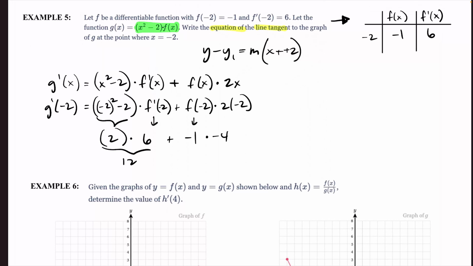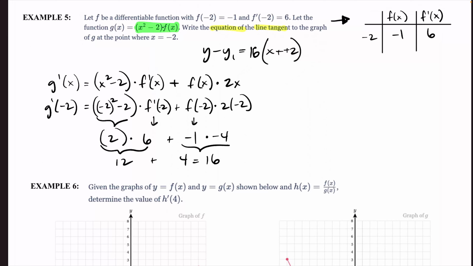So you get 12 plus 4, which is 16. That's the slope. 16 is the slope. X plus 2. Plus, yeah.